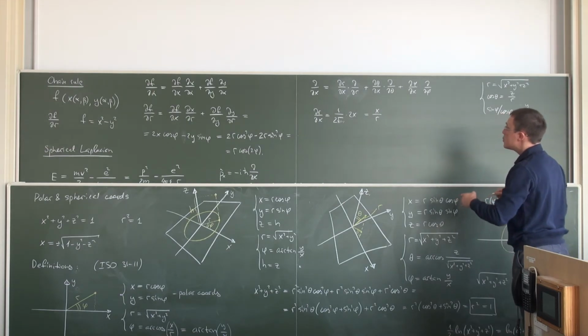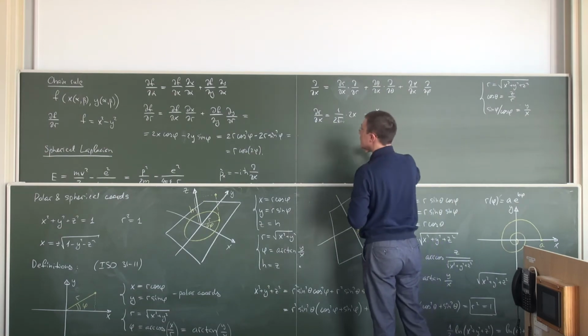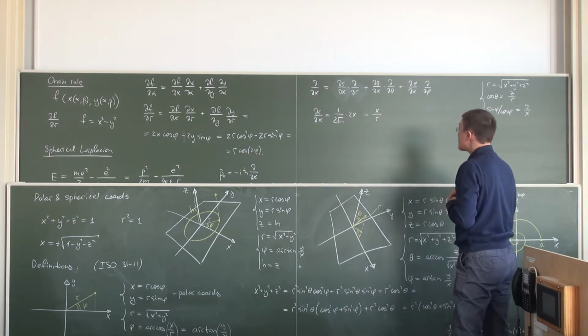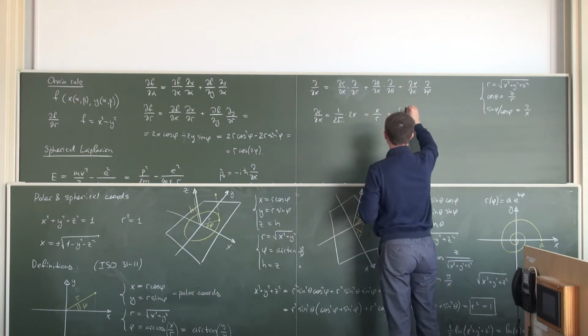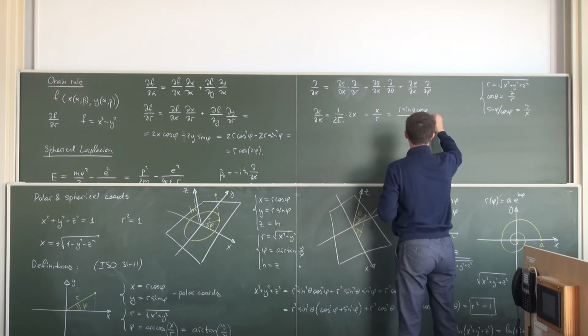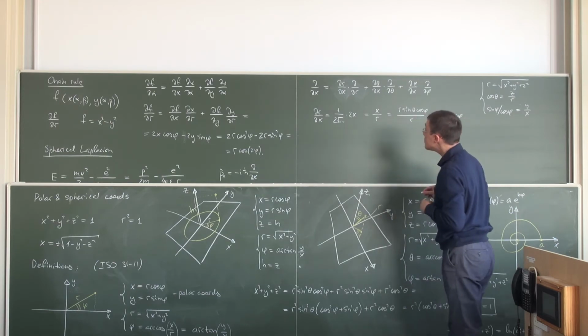And we would need to express x via r and the two angles. So x is r sine theta cos phi, so you would have r sine theta cos phi over r. And so that is sine theta cos phi. Okay, not too bad.